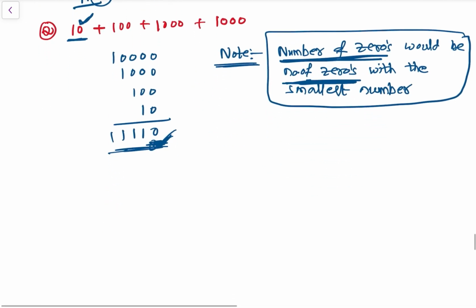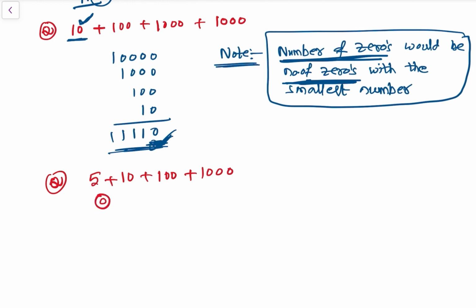Let's take another example: 5 plus 10 plus 100 plus 1000. How many zeros will there be towards the end? It would be 0 because there is no zero with the smallest number.